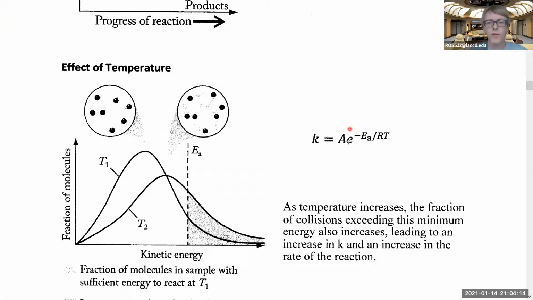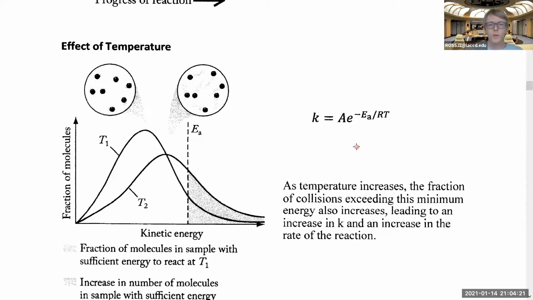Okay, so we've got the Arrhenius equation, which we'll go into a bit more detail about, what the Arrhenius equation does and doesn't say, in a few minutes. But let's look at the effective temperature on the Arrhenius equation.